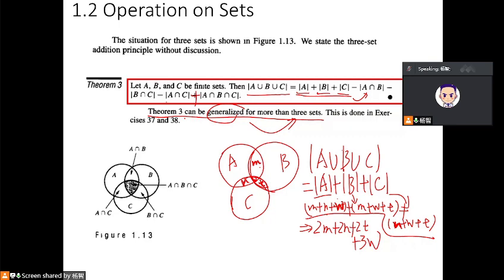But actually, we should count all these parts only once. So we must minus 1M, 1N, 1T, and 2W.